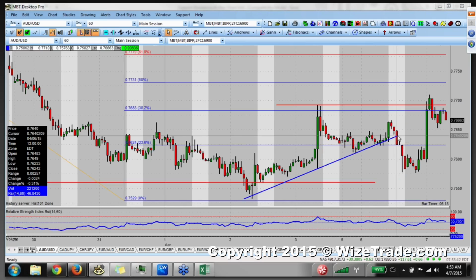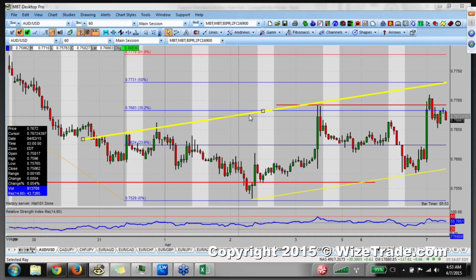Just because the Aussie is rallying right now doesn't mean that the Aussie is out of the woods. The RBA left the door wide open for a cut, right? So we're seeing a near-term recovery right now. Doesn't mean that's going to last.